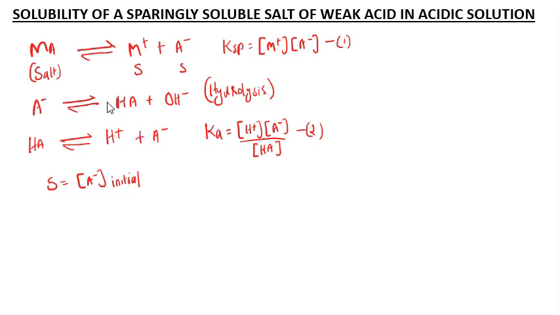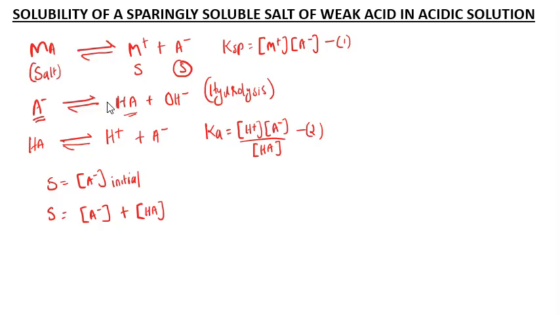Because this A- is going for hydrolysis, there can be A- in the form of A- as well as in the form of HA. So S is equal to the concentration of A- plus the concentration of HA, which is nothing but the initial concentration of A-, since it is undergoing hydrolysis.